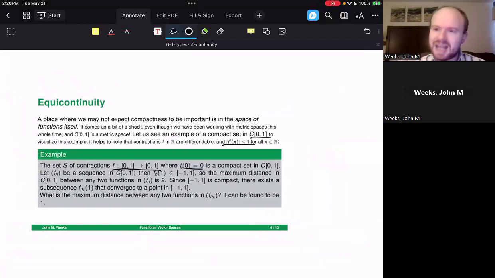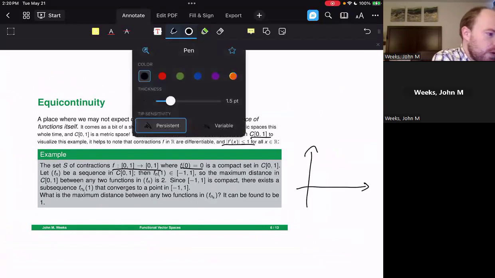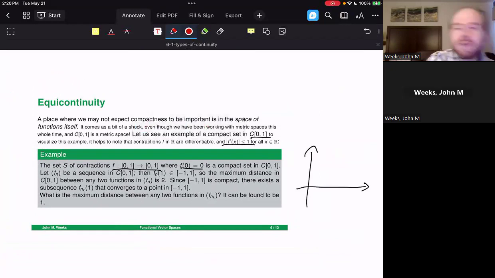I'm going to have a lot of text here, in case you are more of the reading type of person, but I'm also going to be giving some pictures here. Let's start imagining what these sorts of contractions might look like. Well, contractions go from 0, 1 to 0, 1. So in particular, their slope can never go above 1. They're always going to go, like say something like this. They might connect 0, 0 to 1, 1.